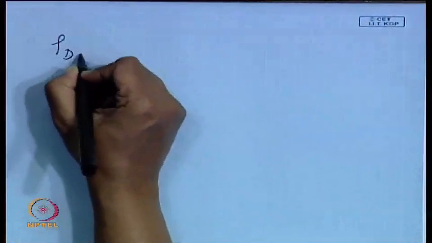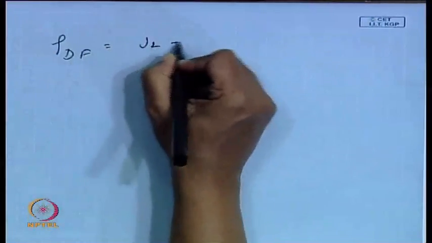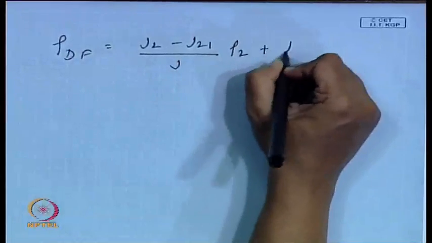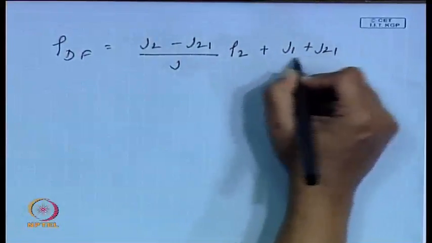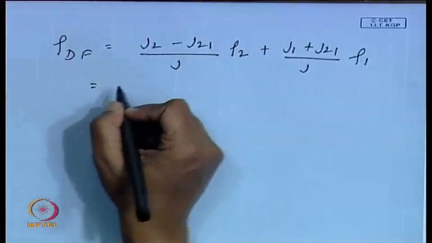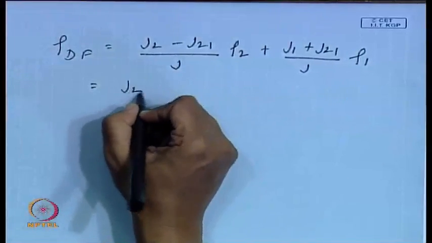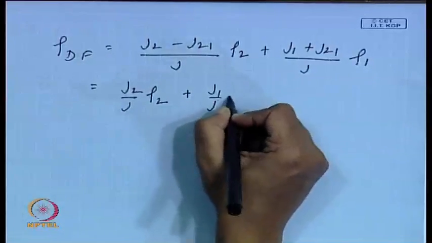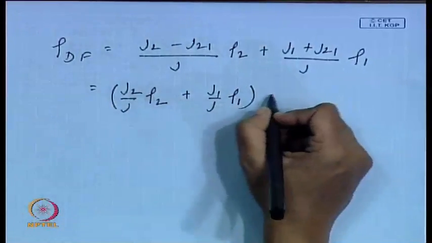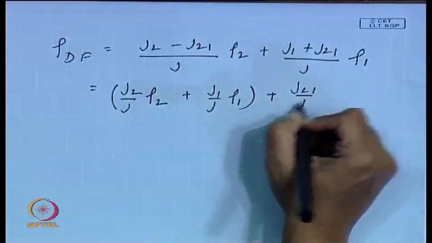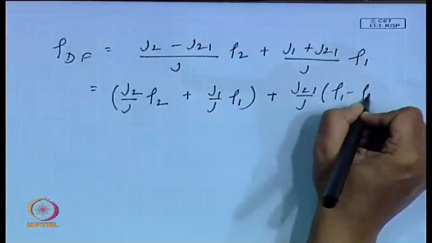We get this rho drift flux. Let me write it down again. Please do it in your notebooks and see whether you are getting what I am getting or not. It is very difficult for you to copy these things and then understand them. This will be obtained as J2 by J rho 2 plus J1 by J rho 1 plus J21 by J into rho 1 minus rho 2.